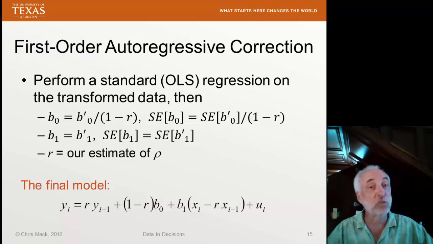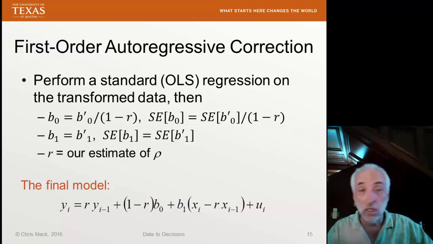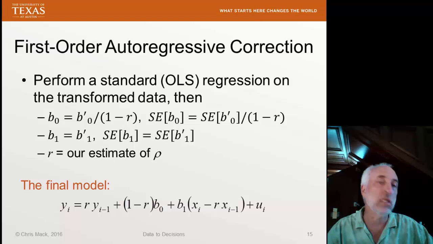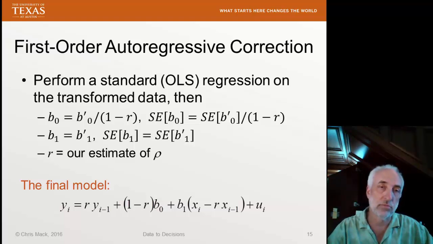And because we were able to do an ordinary least squares regression, because the assumptions of ordinary least squares regression are now true, we can have confidence in the standard errors and confidence intervals, etc., that we put around our coefficients and our predictions.